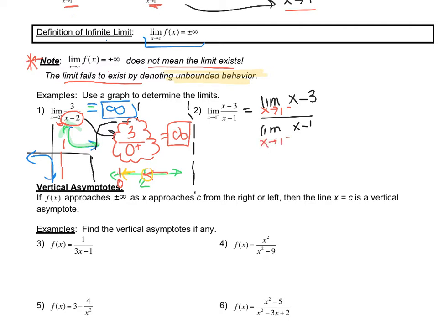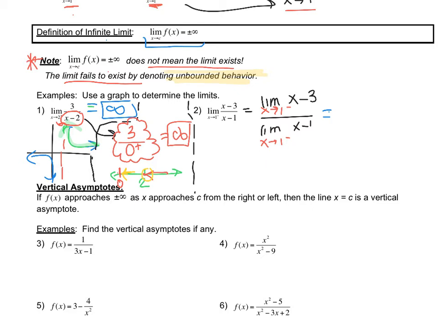All right, so when we look at that, we have the numerator, which is the good news about this. This function, x minus 3, when we break it down, is well behaved for all x values. And I can just directly substitute 1 into that because this is in the numerator. I don't have any issues here. So I can just plug in 1 for x and do 1 minus 3. Even though it's saying from the left, no matter if it's approaching 1 from the right or the left, we can still use direct substitution here in the numerator.